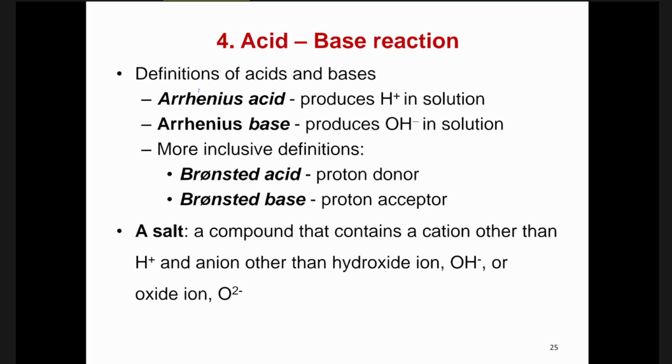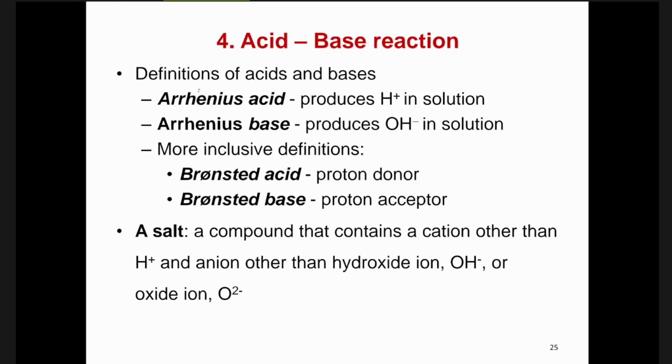Looking at the definition of acid and base. The first definition of acid and base was proposed by Arrhenius. Arrhenius proposed that acids, later called Arrhenius acids, are compounds that can produce H plus in solution. And a base, later called an Arrhenius base, is a compound that can produce OH minus in solution.